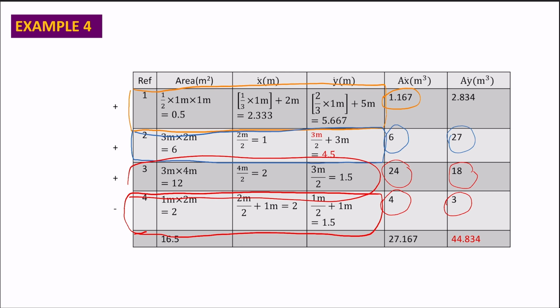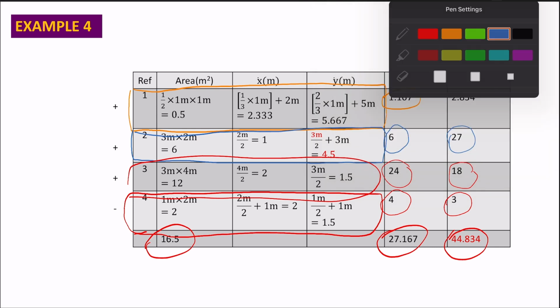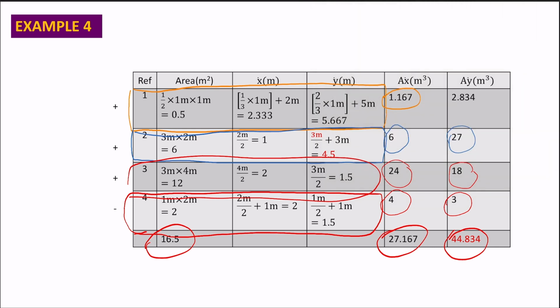And we can get the total area, total AX bar and total AY bar below here. But you have to remember there is a section that you have to minus from the calculation, which is the fourth section here, sebab this is the hollow section.